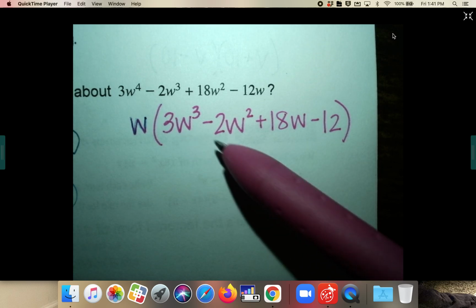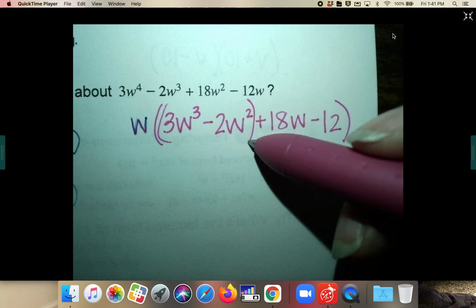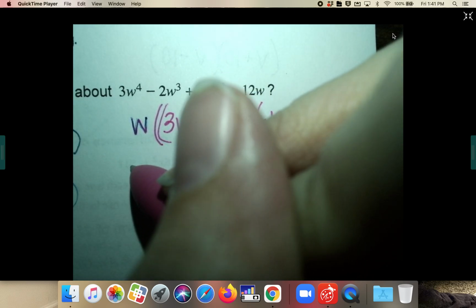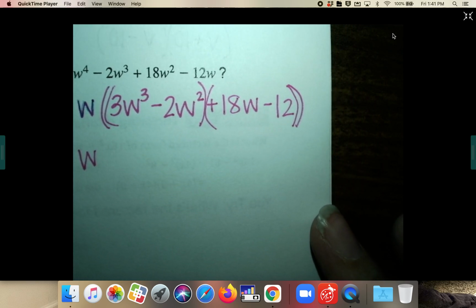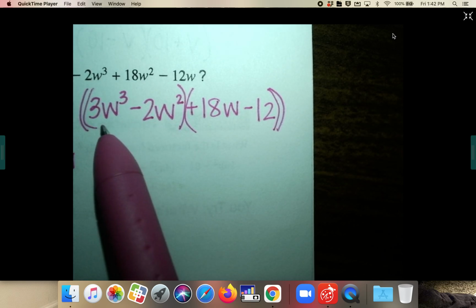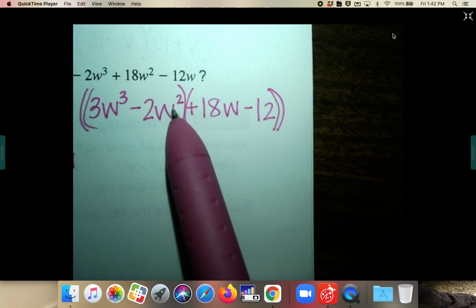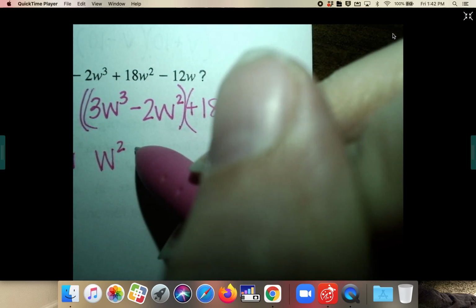Now we can go ahead and branch this off into this group and this group. So W is still going to be part of my answer, but I'm really not going to worry about it for right now. In fact, I'm going to put it off the camera where you can't even see it. What is the greatest common factor of 3W cubed and minus 2W squared? The only things in common are 2 W's, so W squared is going to be pulled out.